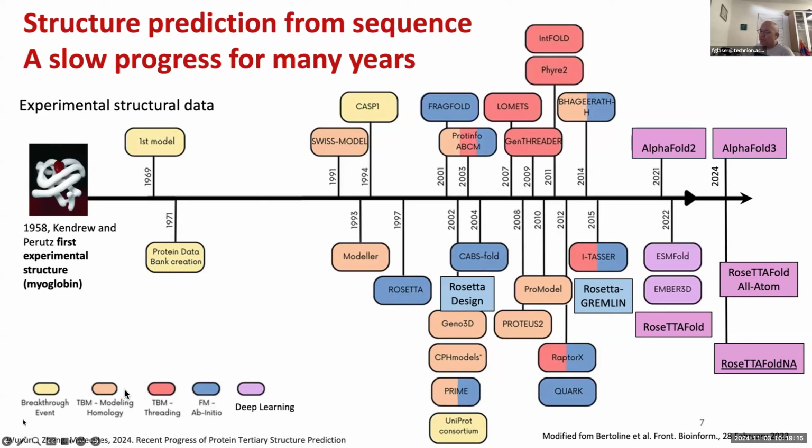Those were of different types. Again, we had homology modeling, threading, and ab initio methods, but all of them had very limited success, until the appearance of AlphaFold, AlphaFold 2, AlphaFold 3, and other similar methods, which again use deep learning.